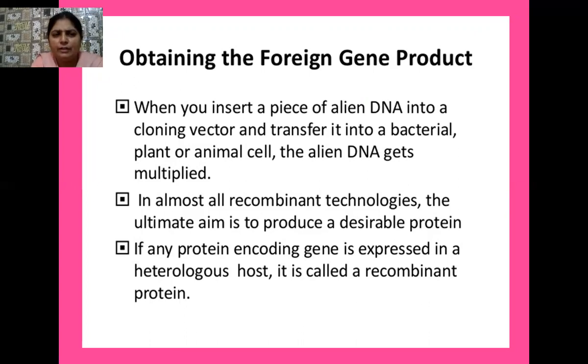Later on, we isolate our desired protein from these host cells. As you know, this protein is formed in another organism. That organism is known as the heterologous host, and our protein of interest, or desired protein, is known as the recombinant protein, students.